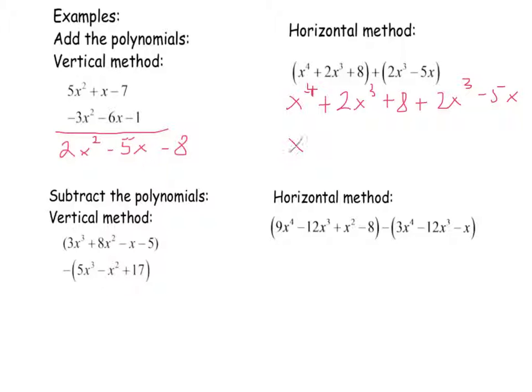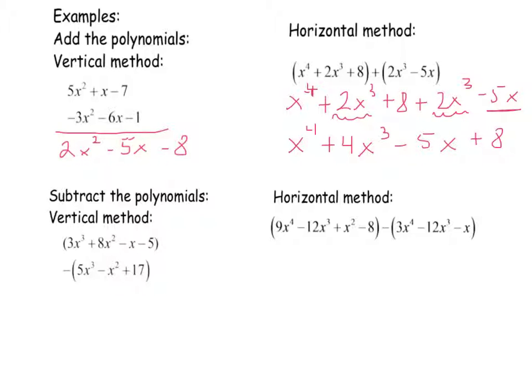I only have 1 x to the fourth. I have 2x cubed and another 2x cubed, which will give me 4x cubed. I have a negative 5x. And lastly, I have my number 8. Notice that I wrote both these polynomials in standard form.